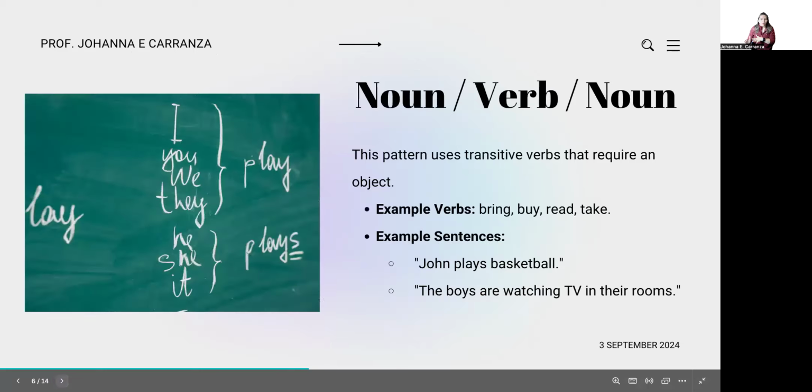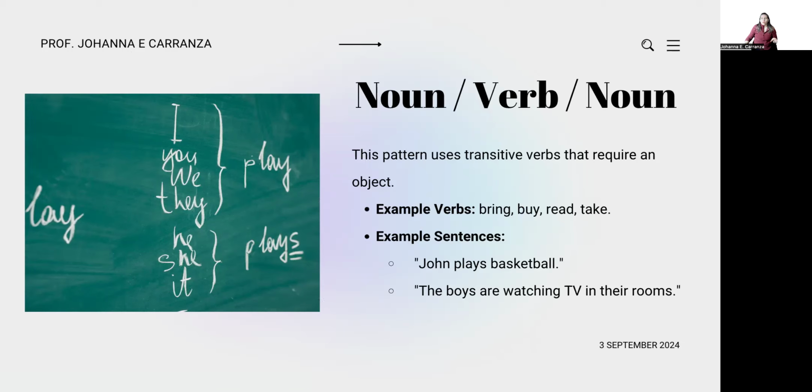Now the next pattern is noun, verb, and noun. After the verb, it's usually a transitive verb, and it requires a noun afterwards, meaning it requires the direct object. Most of the time, the direct object will be a noun.